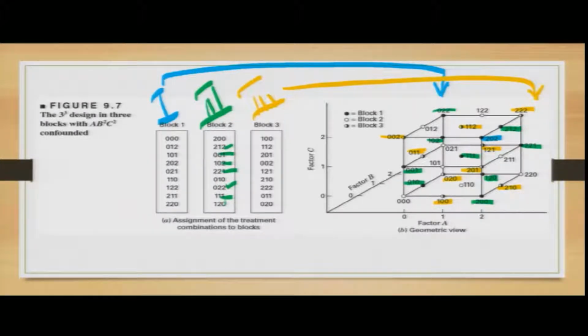Then 010 is here. Then 120 is here and 200 is here. So you have 1, 2, 3, 4, 5, 6, 7, 8, 9. So these are for the green one, for block 2. So block 2s are given.